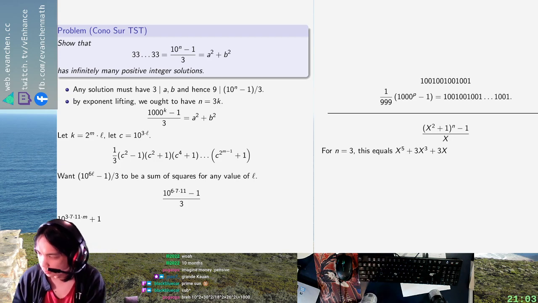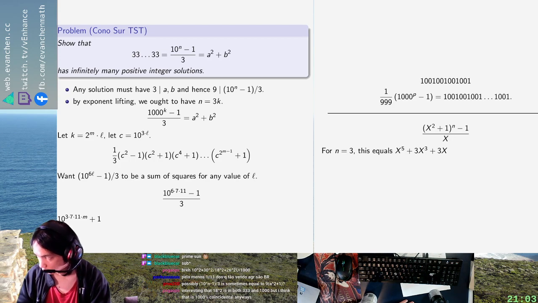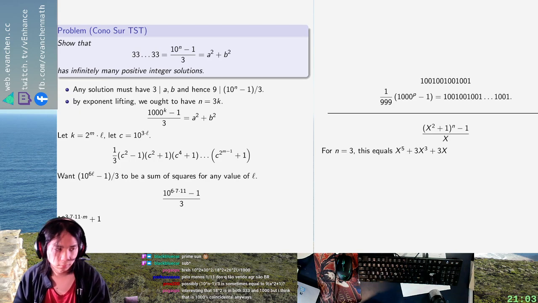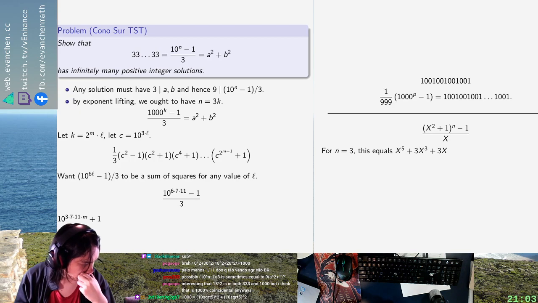I agree that 1000 is a sum of two squares. Hmm. 10 to the n equals 27a squared plus 12.